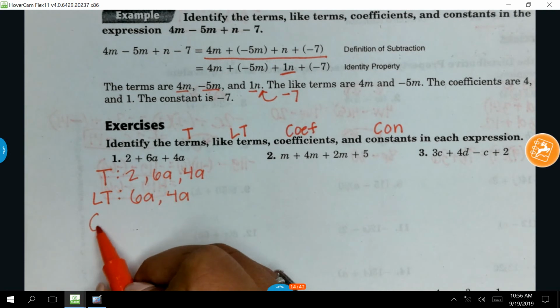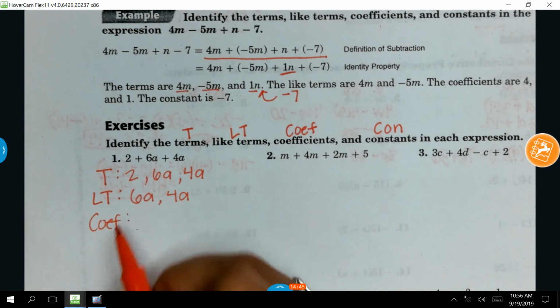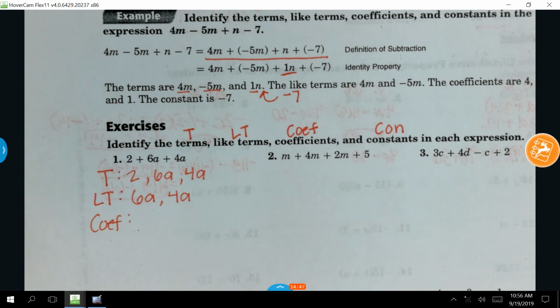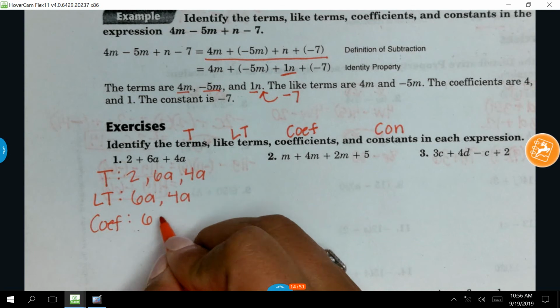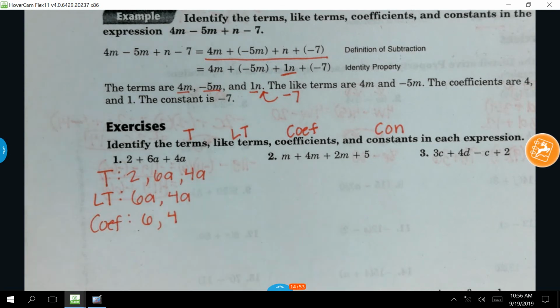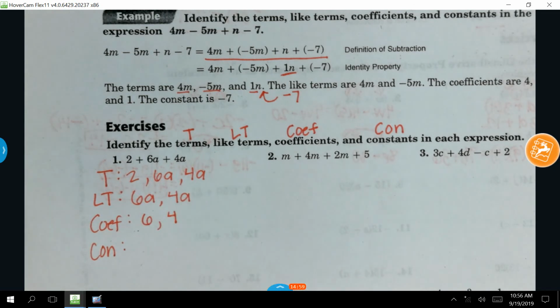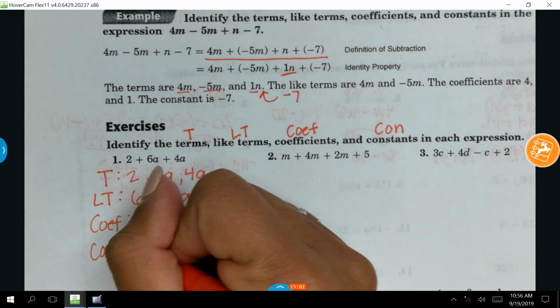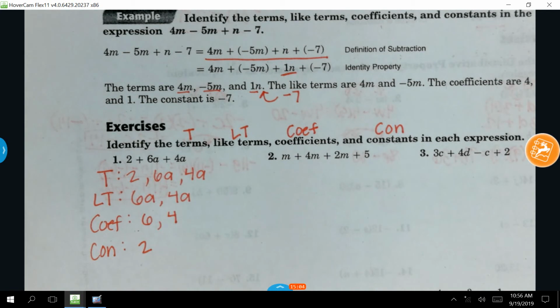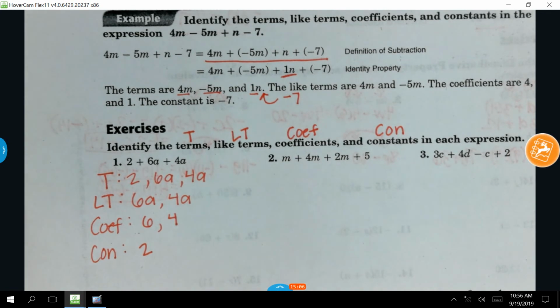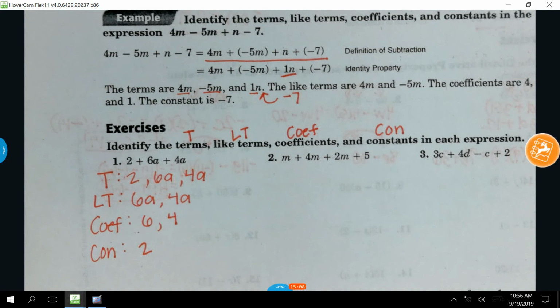What about my coefficients? Hudson. Good. Those numbers that are tied to those variables. So 6 and 4. And then what about constants? Charlie. 2. It's just that number. Good on that so far?